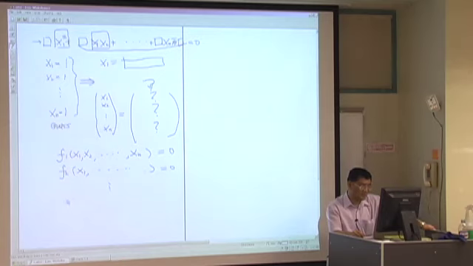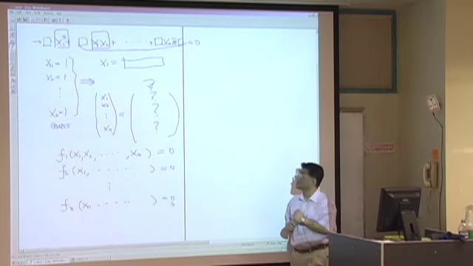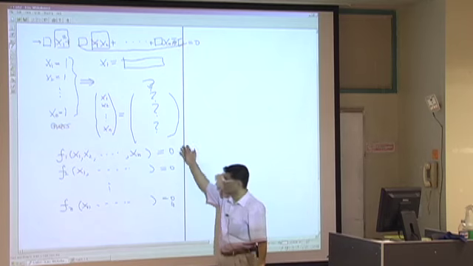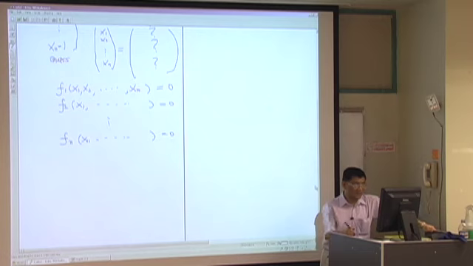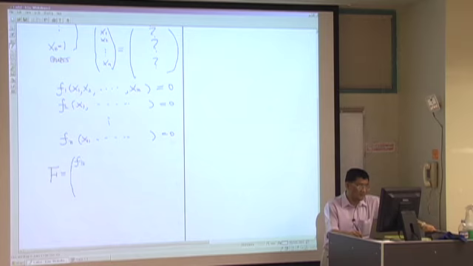So we have, for instance, n equations like this. Instead of writing these all the time, we create a vector function, capital F, having these functions: F of x1, x2, x3, xn equals f1 function, f2 function, fn function.